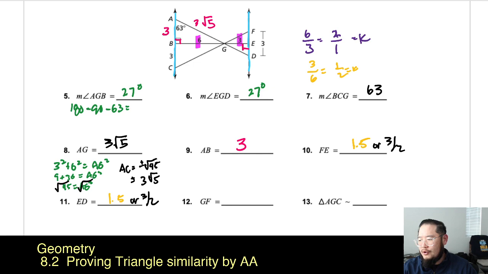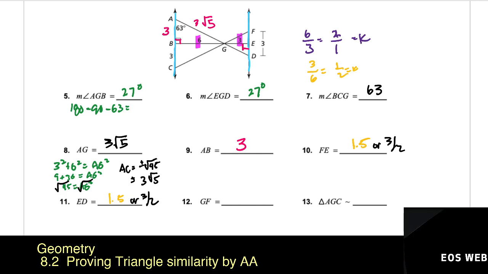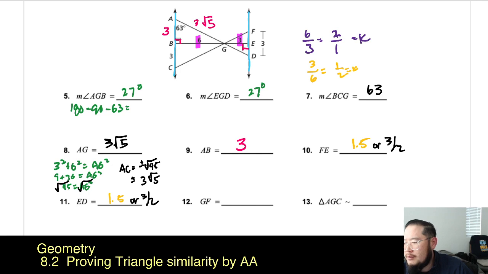So let's do the same with G to F right here. If C to G happens to be 3 rad 5, well, that means G to F will be half of that because of the scale factor.